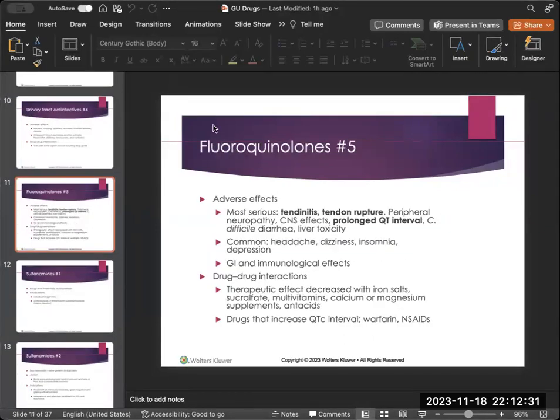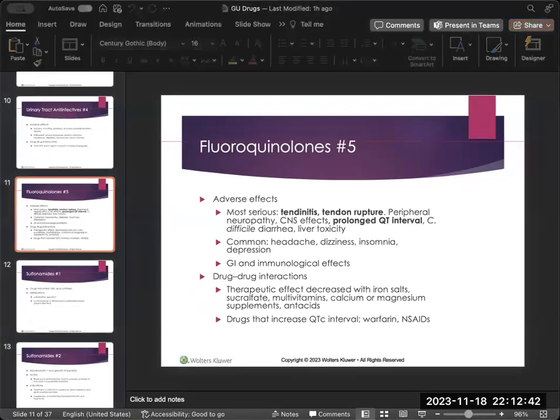Okay, so one of the medications that we can give is fluoroquinolones, and these can cause tendinitis and tendon rupture. That is the most common type of adverse effect, okay? With these medications, those are all the ones that end in floxacin.